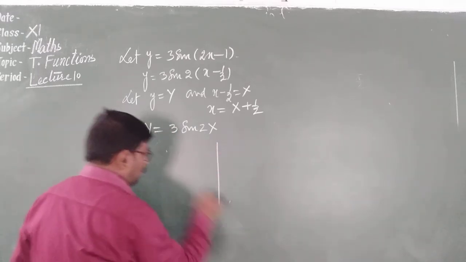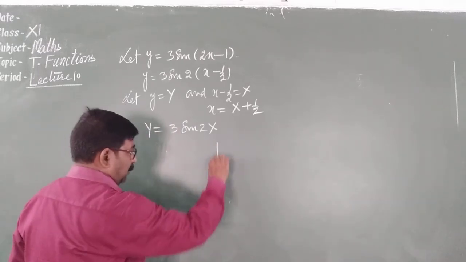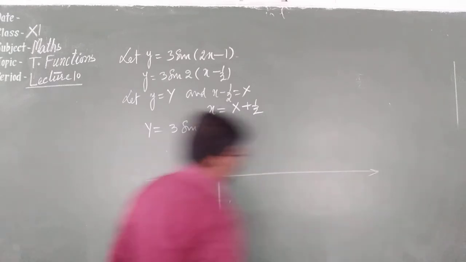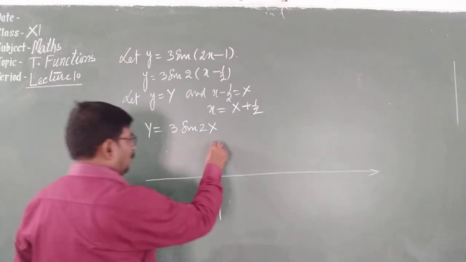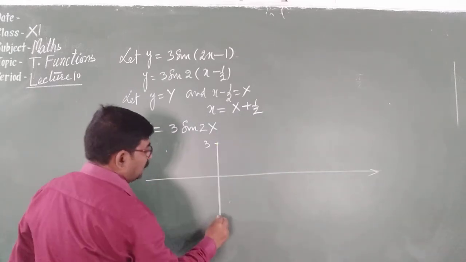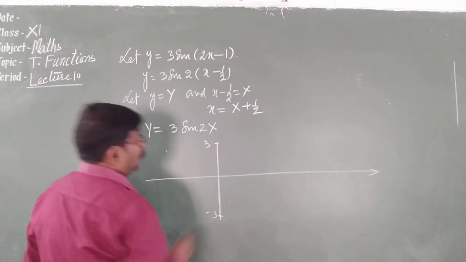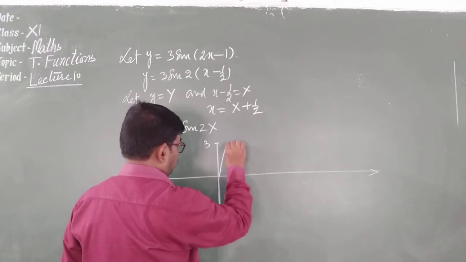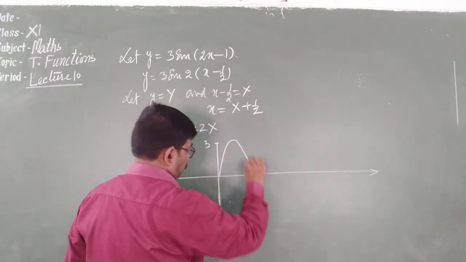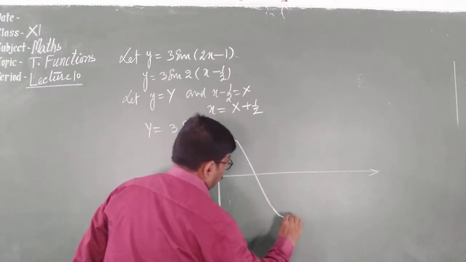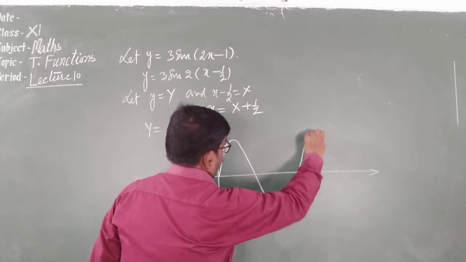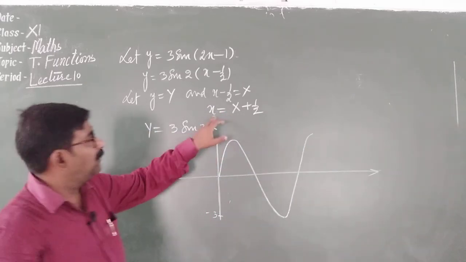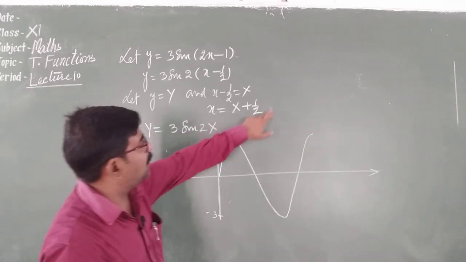When we plot the graph of this, try to understand, this value will be 3 and this will be -3. Your graph will be coming same as the previous one. Like this. But here we have x is equal to X plus half.